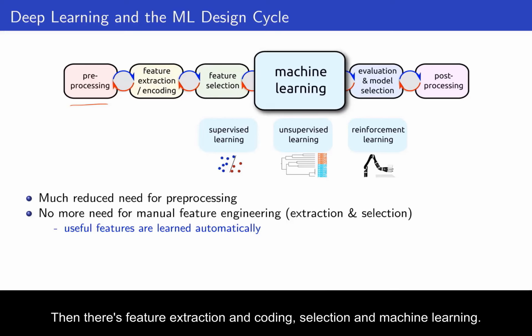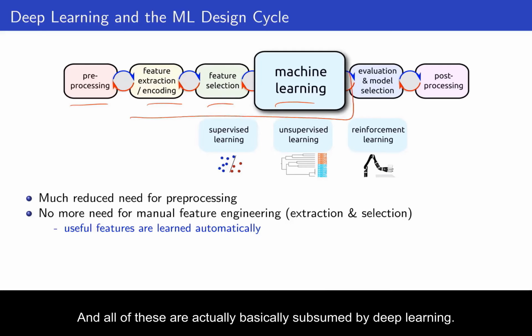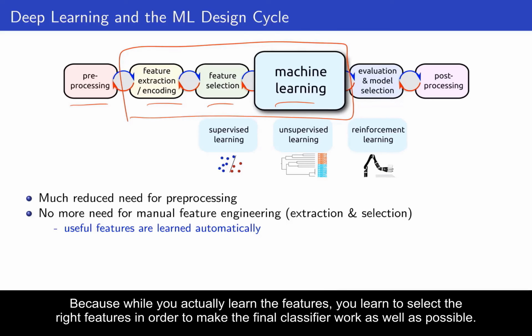Then there's feature extraction and coding, selection, and machine learning. And all of these are actually basically subsumed by deep learning because you actually learn the features and then you learn to select the right features in order to make the final classifier work as well as possible.